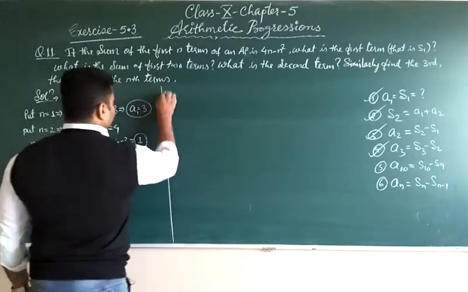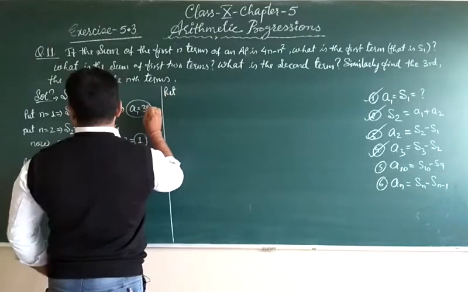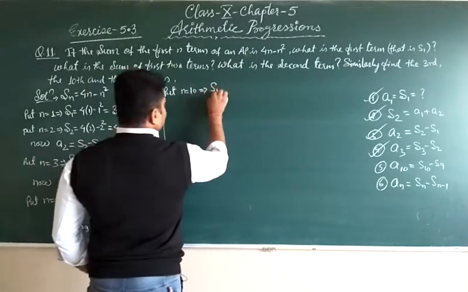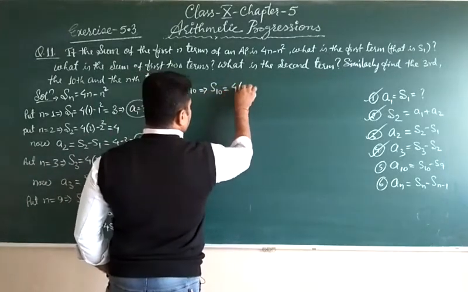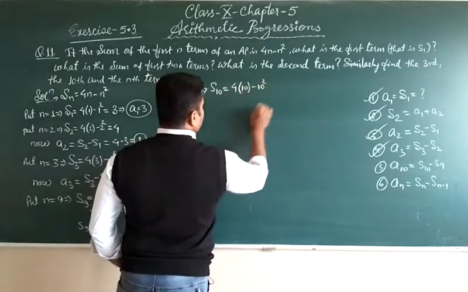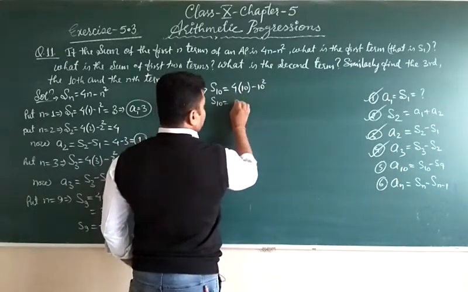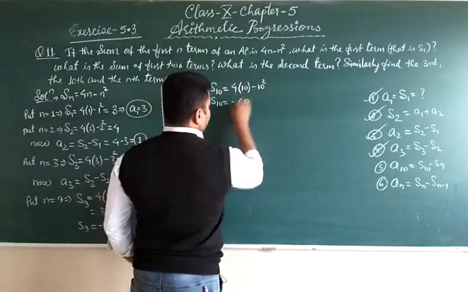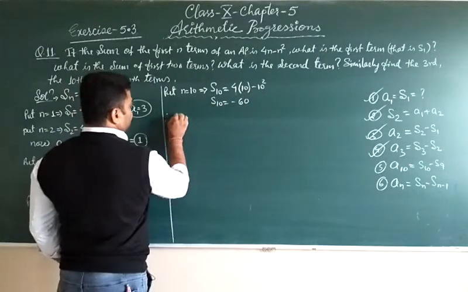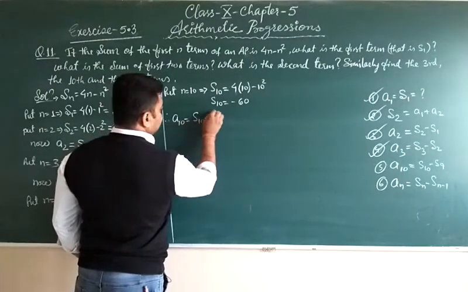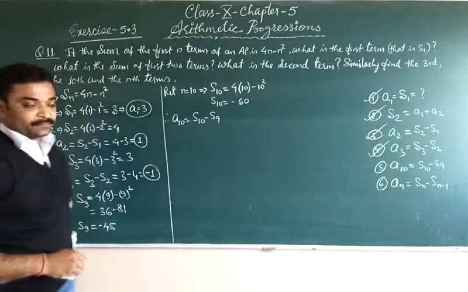Now again put n is equal to 10. This implies S10 is equal to 4 into 10 minus 10 square. So S10 is equal to 40 minus 100, that is minus 60. Therefore A10 is equal to S10 minus S9.